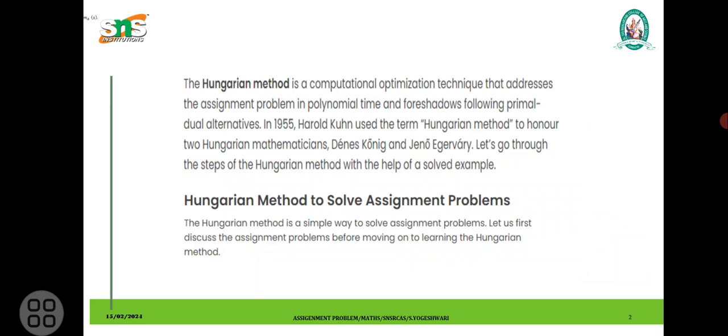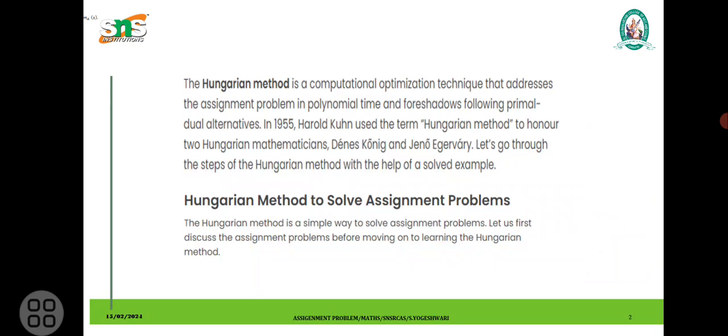In 1955, Harold Kuhn used the term Hungarian method to honor Hungarian mathematicians Dénes Kőnig and Jenő Egerváry.